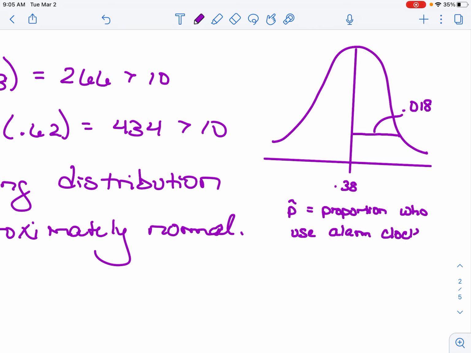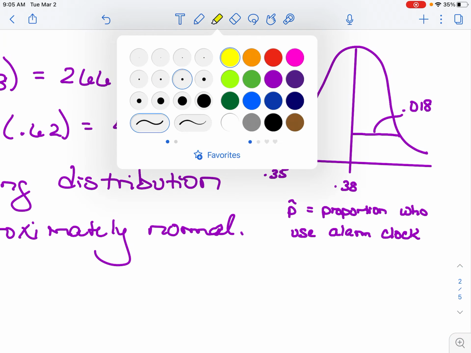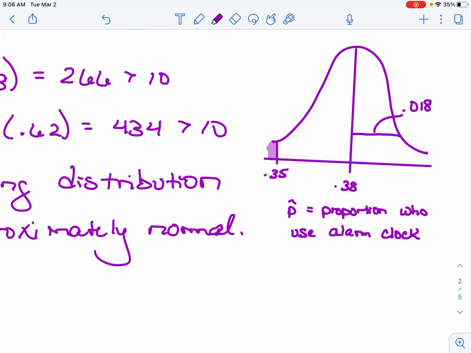We are interested in the probability of getting one of these proportions that ends up being less than 35%. That's several standard deviations below. So here's 35%, and I am looking for the probability of being in this space. So there's this tiny little tail.